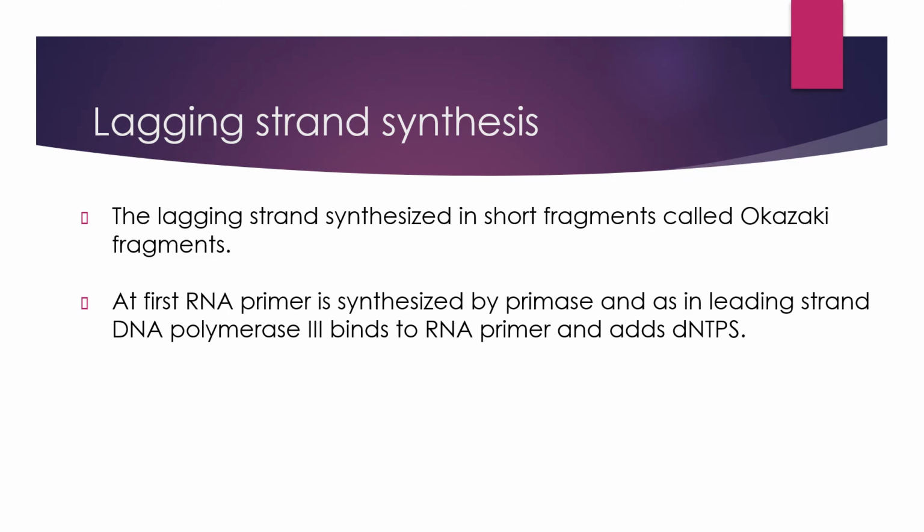Now coming to the lagging strand synthesis. Lagging strand synthesis occurs in short fragments which are called Okazaki fragments. At first, RNA primer is synthesized by the primase and, as in the leading strand, DNA polymerase 3 binds to the RNA primer and adds the dNTPs.